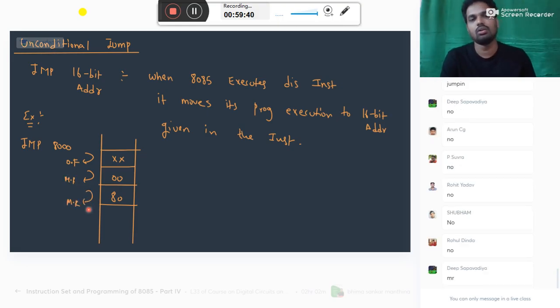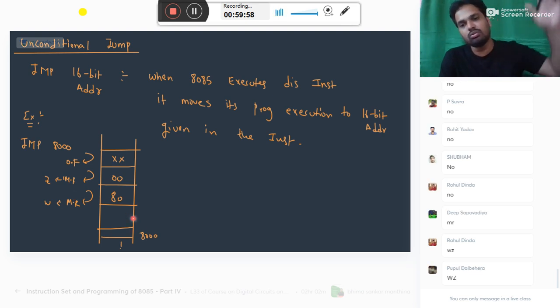Then the program will move to 8000. Here it will load to which registers? W and Z. Then your PC is loaded with this location. Then the program will go to 8000. Generally we say PC is loaded with 8000.